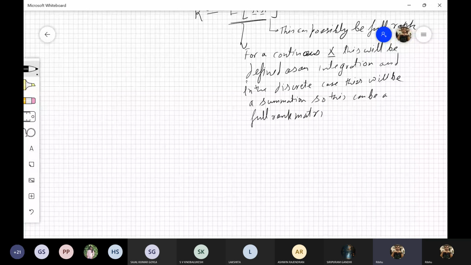Fine. So like the correlation matrix, we also define the covariance matrix. Sigma has expectation of (x minus mu)(x minus mu) transpose, this beast.